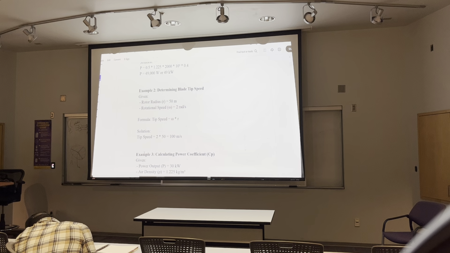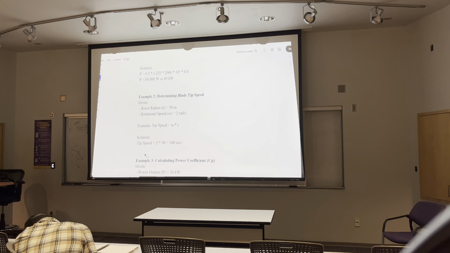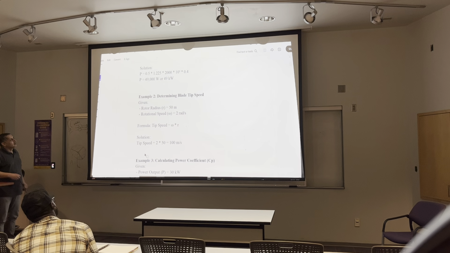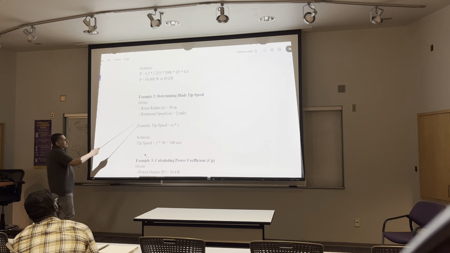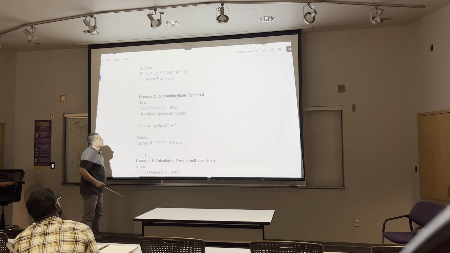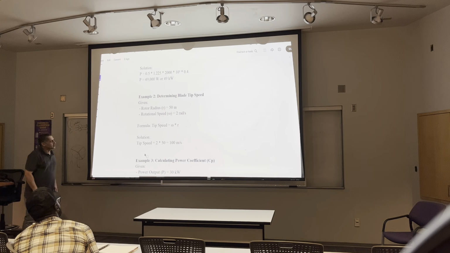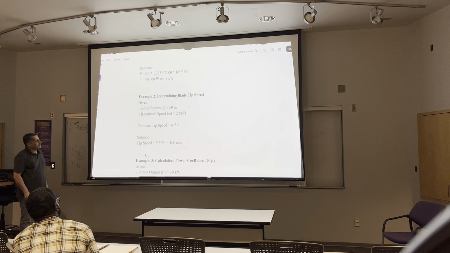Example 2. Calculate the blade tip speed given rotor radius R of 50 meters and rotational speed omega of 2 radians per second.